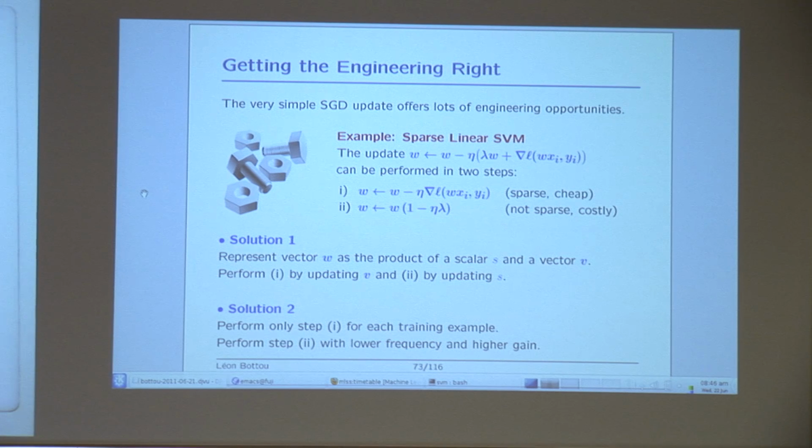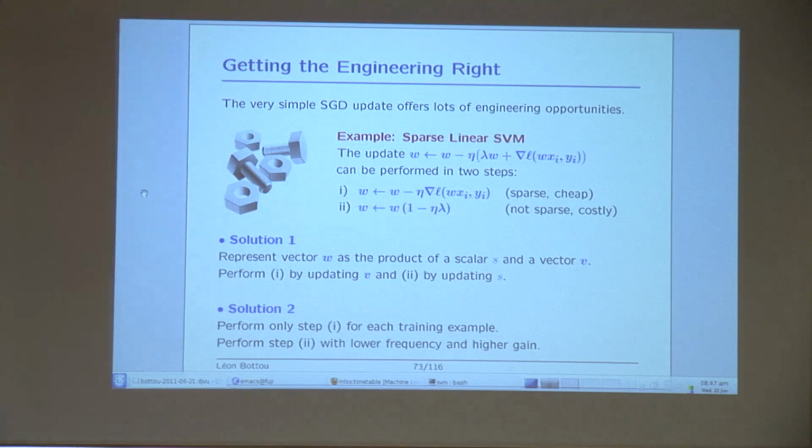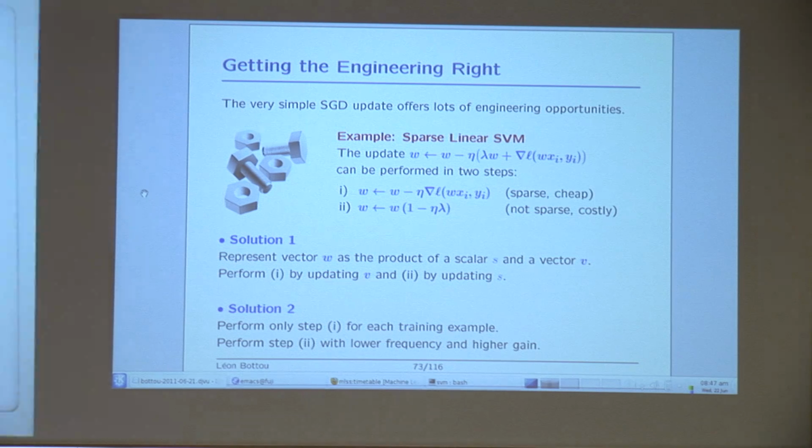And I decide that I have a lot fewer of my special examples, like just 1/10 instead of half of them. And I just increase the effect of the regularization update by a coefficient that corresponds to the way I downsample it. And by balancing these 2 terms, I can change the ratio between the sparse and cheap update and the costly update at will. And empirically, both work about the same.